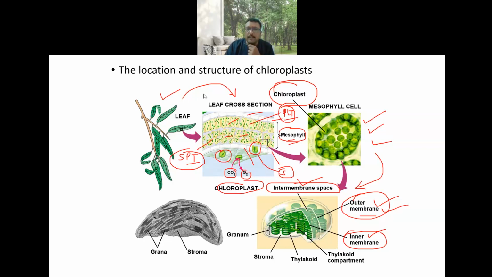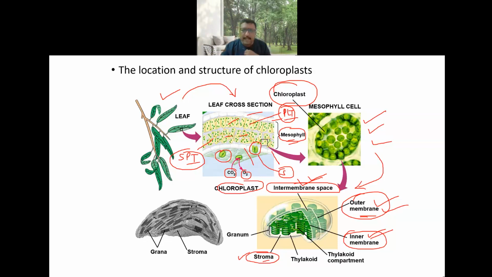The outer membrane is more permeable and the inner membrane is less permeable. Along with that, we have the lower side filled with a fluid comprising photosynthetic pigments, known as stroma. It is a jelly-like fluid, which is known as stroma.